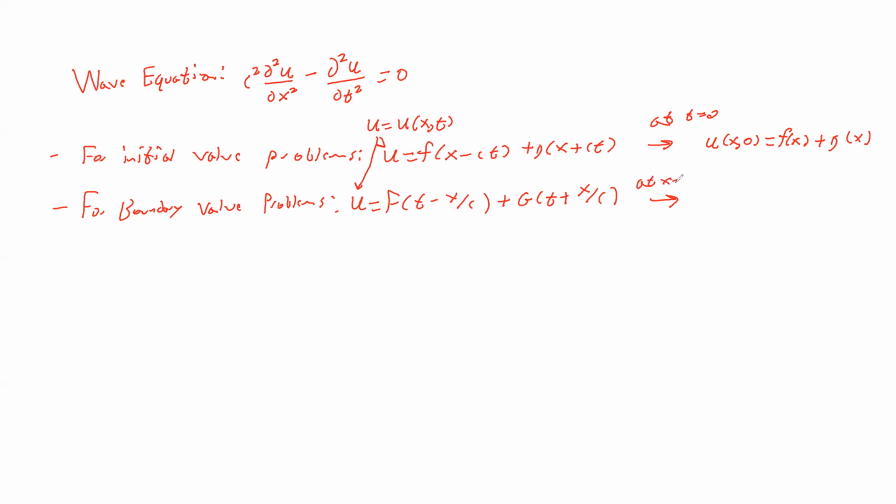So we have at x equals 0, and you can see then that the solution becomes u of 0 and t is equal to f of t plus g of t. And that's much easier to work with than if we had been up here, it would have been f of minus ct plus g of ct. So it's just more out of convenience than anything.